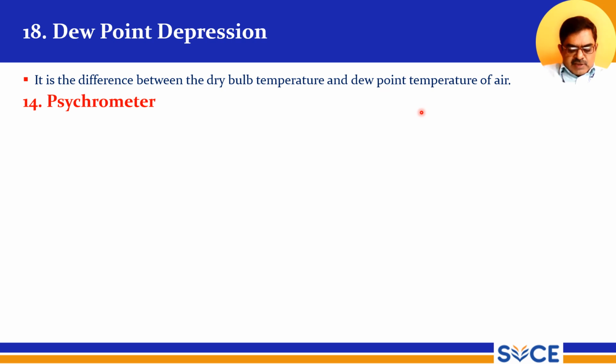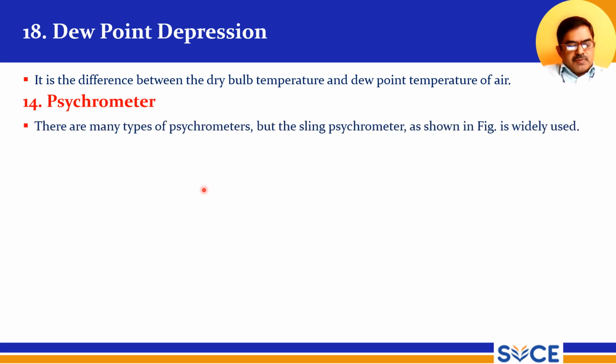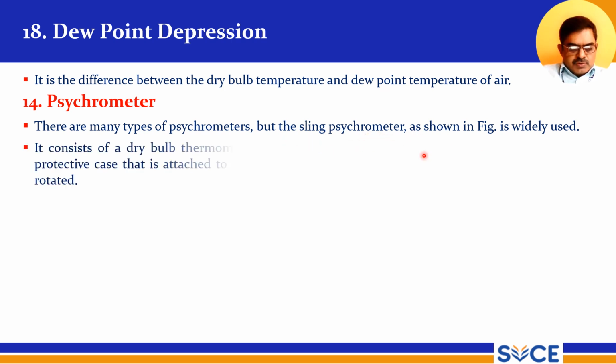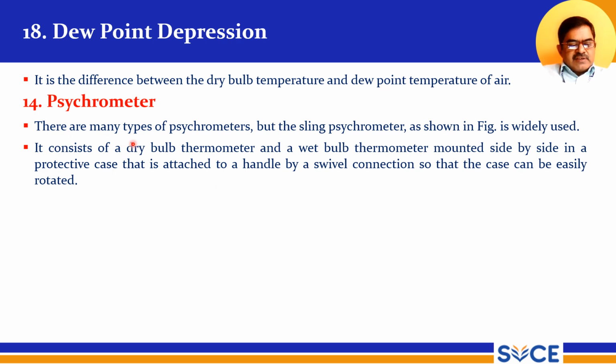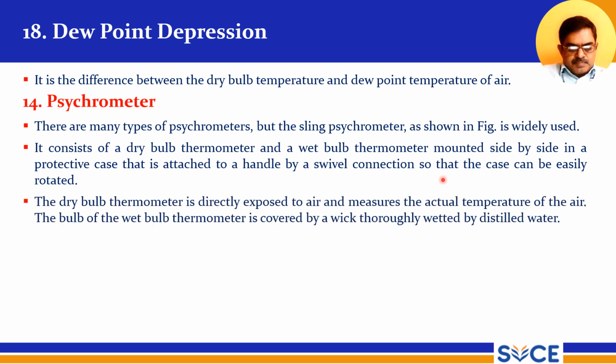There are many types of psychrometers, but the sling psychrometer is widely used. It consists of a dry bulb thermometer and a wet bulb thermometer mounted side by side in a protective case that is attached to a handle by a swivel connection so that the case can be easily rotated.